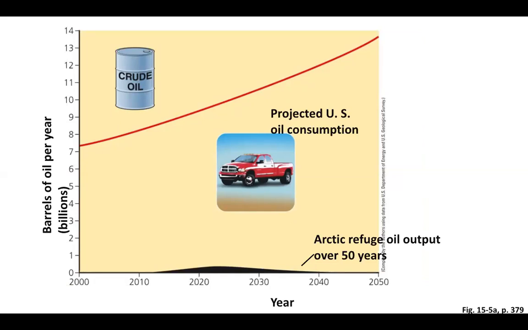It's something that a few oil company executives have wanted, but the reality is it's such a harsh environment. The extraction would undoubtedly be marred by oil spills, and you would destroy a pristine ecosystem. And why now?